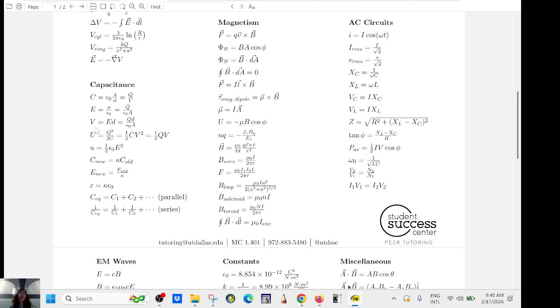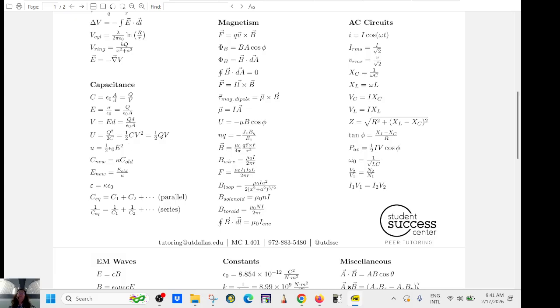And then the voltage across a parallel plate capacitor will equal the electric field times the distance between the plates. We have seen that because the electric field is the slope, so it will be the voltage, delta V, over delta X or delta H. So you have this equation here for a parallel plate capacitor.